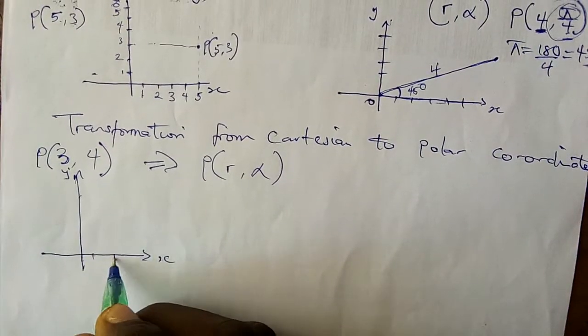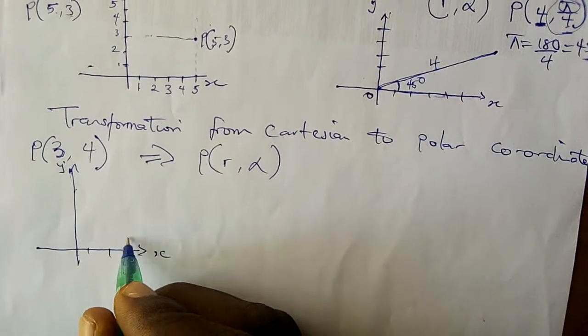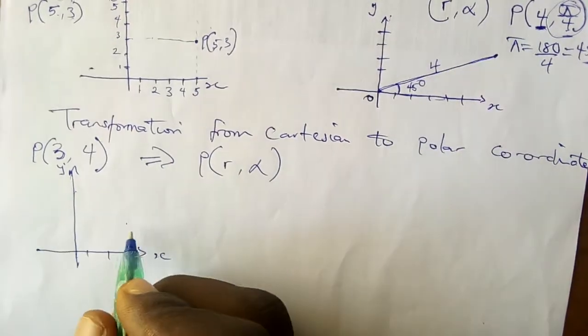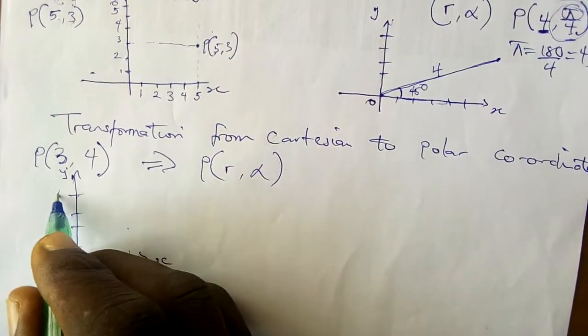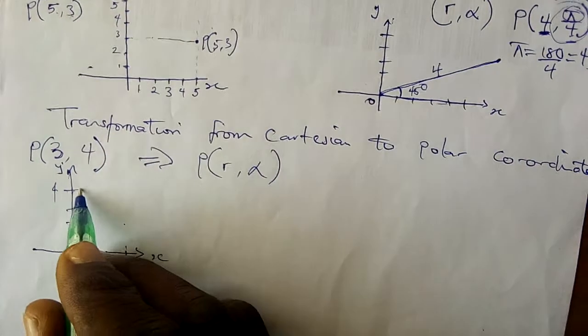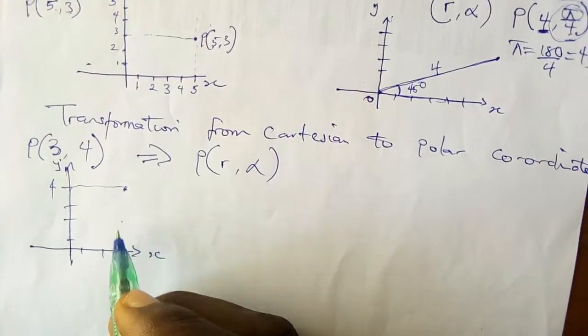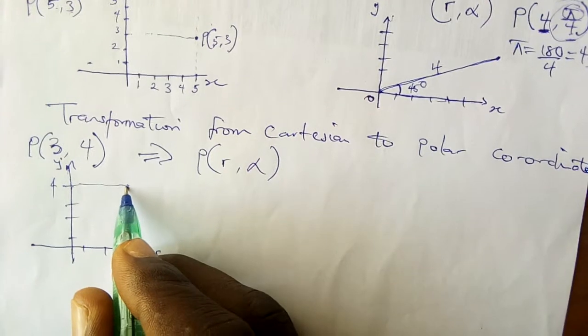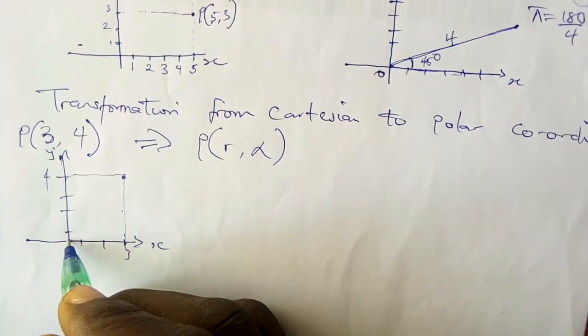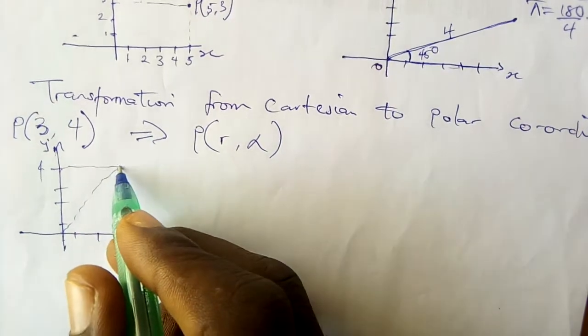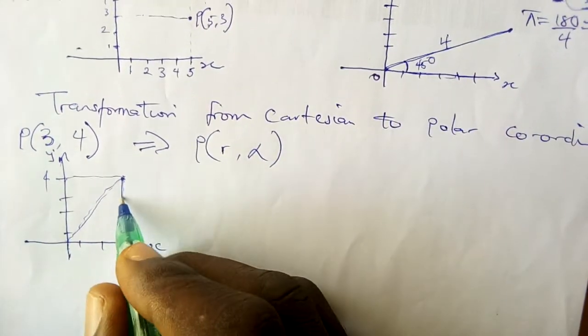This is 1, 2, 3, so your x will be somewhere around here, and then your y, 1, 2, 3, 4. You see, these are 4, these are 3. If you join it together like this, the point will be here. So this is the point we are looking for. Now you can draw these dots and make this visible.